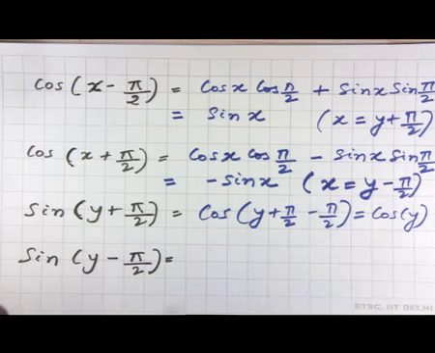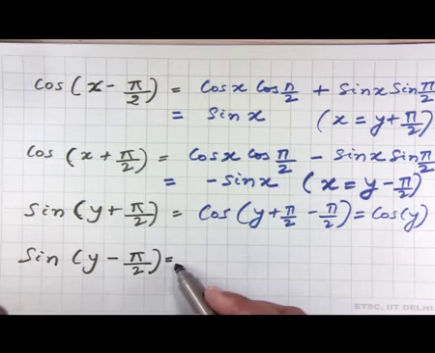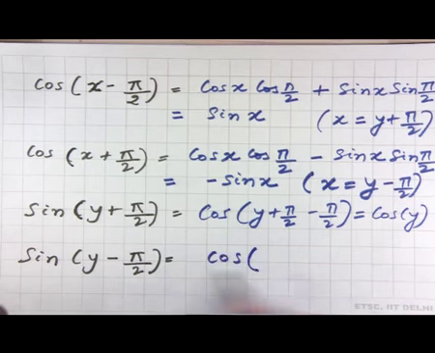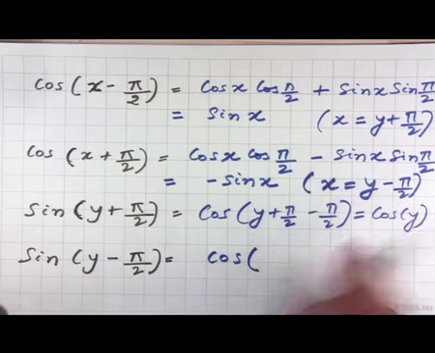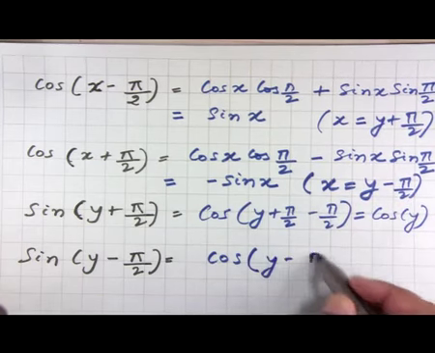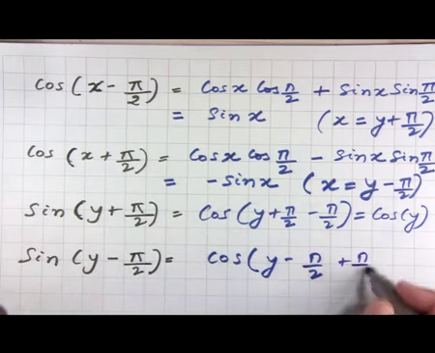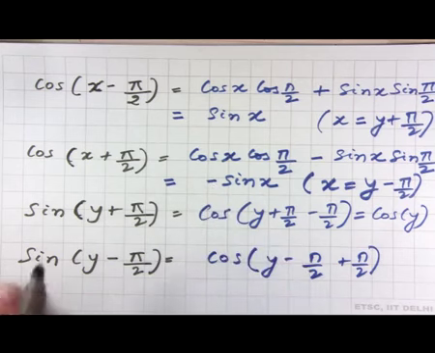What we get then is that minus of sine y minus pi by 2 is equal to cos. Now, instead of x we have to put y minus pi by 2. So, we get, and there is a plus pi by 2 here, but there is a minus sign here, and since we do not have a minus sign here, we need to put a minus sign over here.